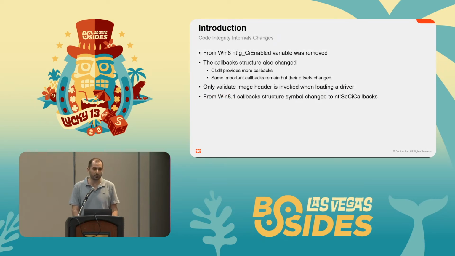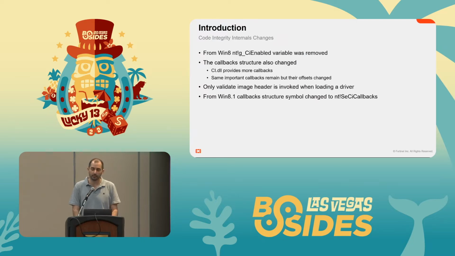Now, there have been a few changes. What I've described is pretty much how it looks on Windows 7, which is pretty old by now. Along a few years later, from one OS version to another, there have been slight changes. From Windows 8, we no longer have the global variable in the kernel itself, only in CI.DLL. The callback structure also changed a bit.